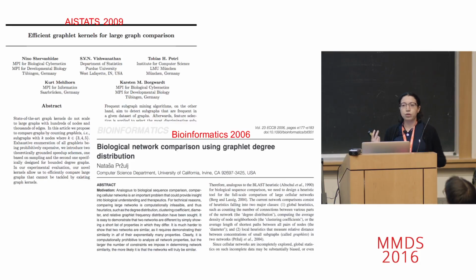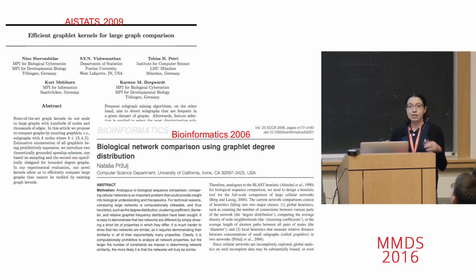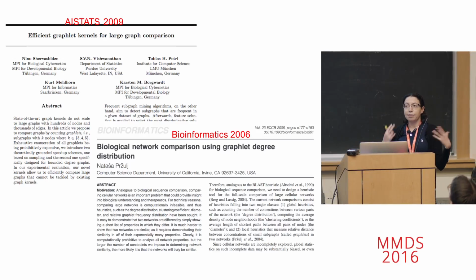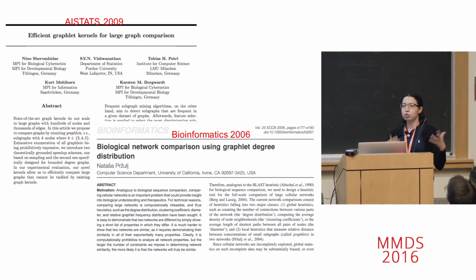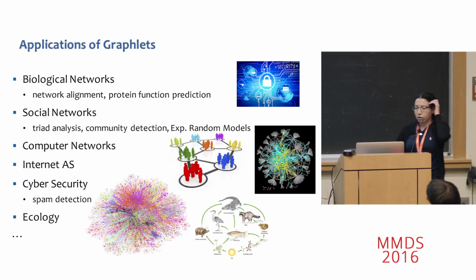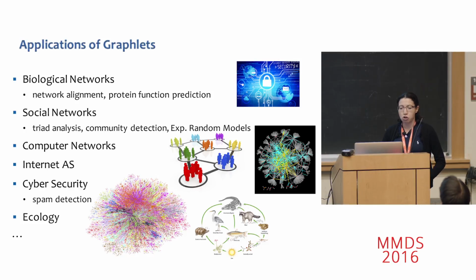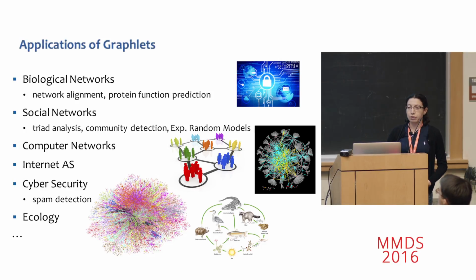Another example is in bioinformatics, where the graphlet degree distribution can be used to compare different biological networks and to do biological network alignment among the nodes. There are many applications, from biological and social networks to cybersecurity and the web, where graphlets can be used for spam detection.